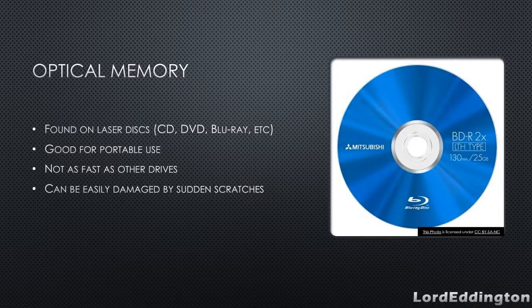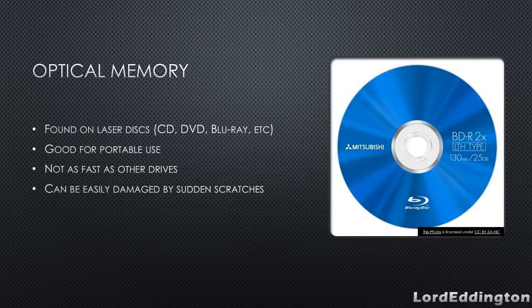So it's not good for running software straight off them. It's good for watching a movie on a DVD. If it's an installer, that's fine by me, because you only need to move the information off once.